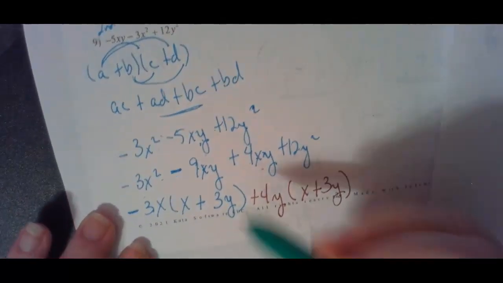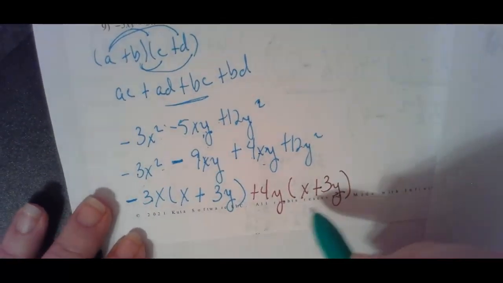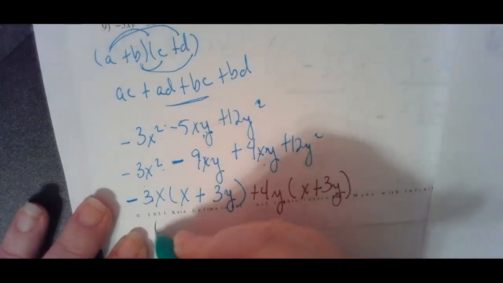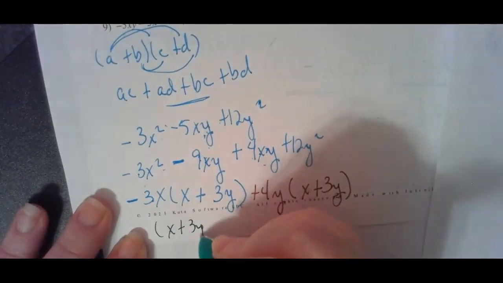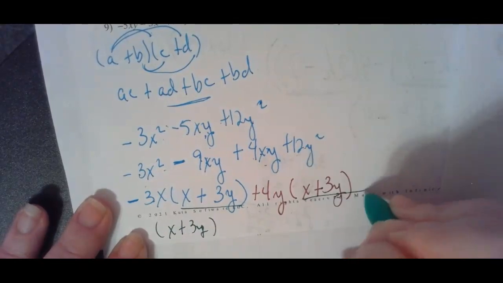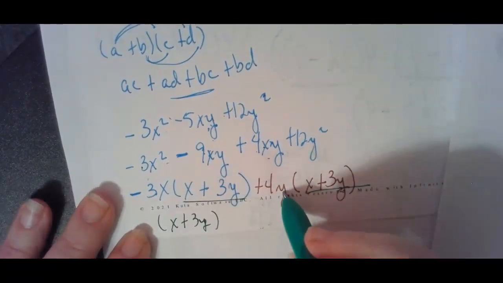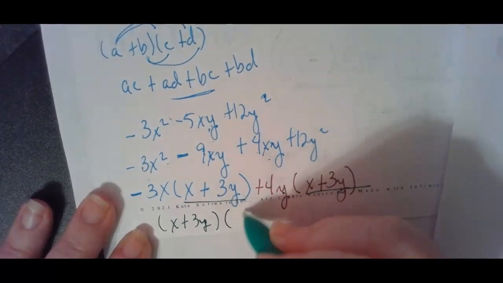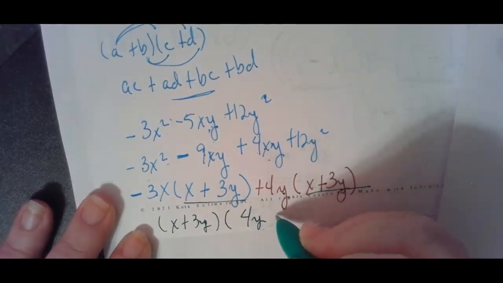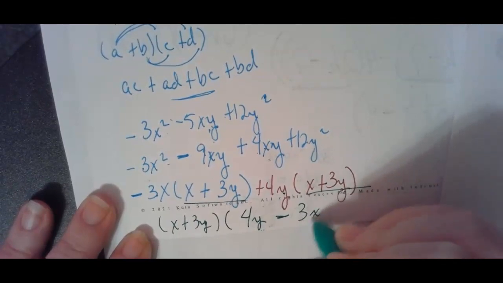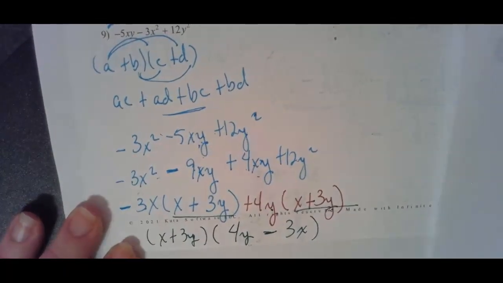And as you notice, there's our term again: x plus 3y. You could write it as negative 3x plus 4y, but generally mathematicians don't like doing that. We would rather put it like this. Perfectly allowed.